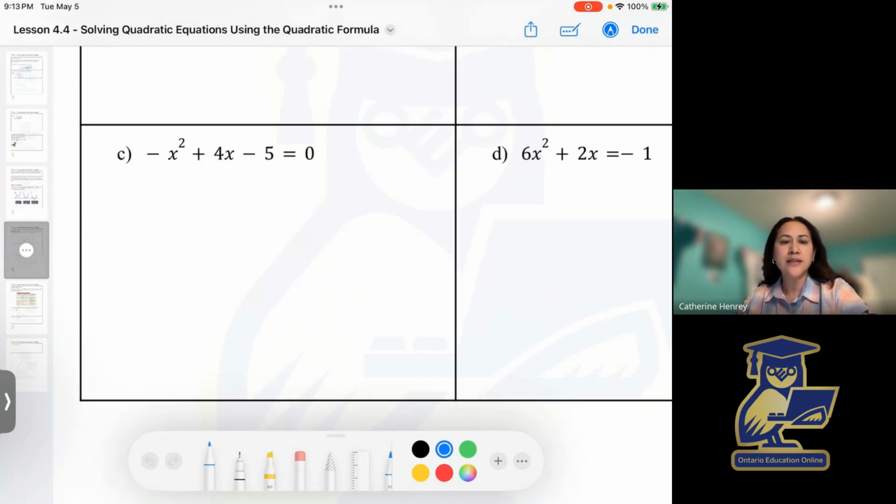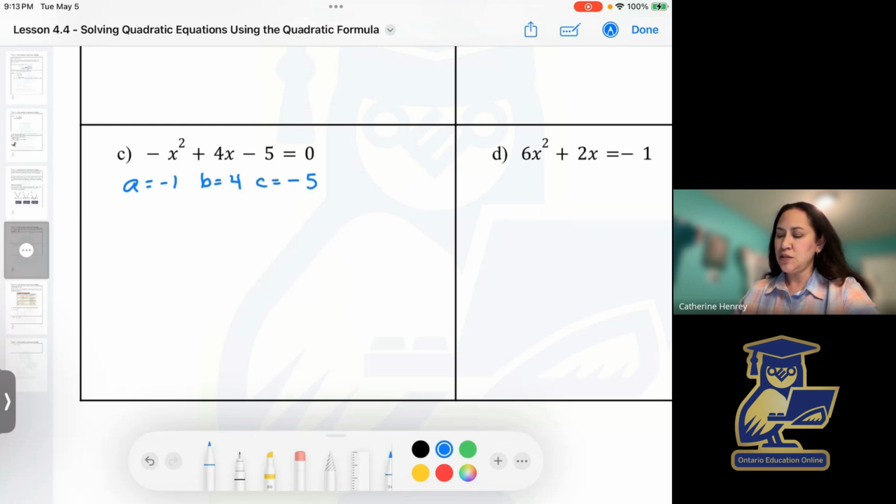So let's take a look at example C, where we look at the quadratic equation. It seems to already be in standard form. So let's go ahead and list our coefficients. a is -1, b is equal to 4, and c is equal to -5. Using the discriminant, we have d is equal to b squared minus 4ac, and we'll sub in our values.